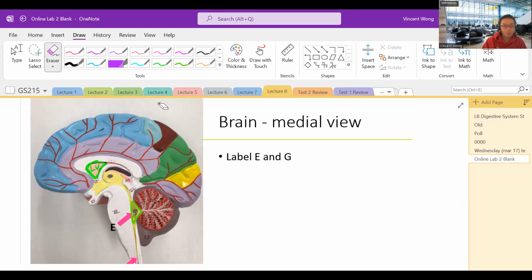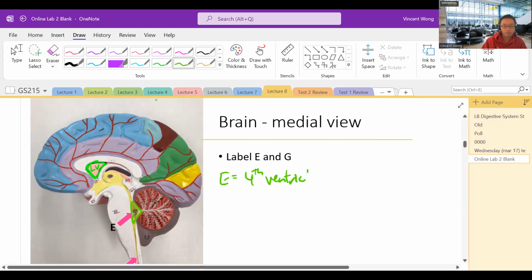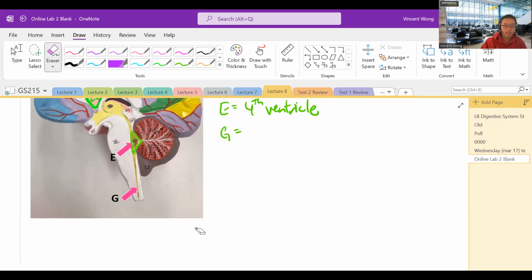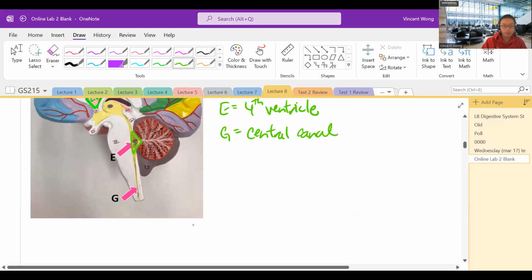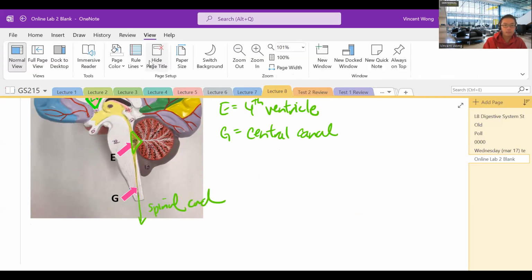So this chamber between the pons and the cerebellum, that is the fourth ventricle. Okay, that's the fourth ventricle. And the G here, that is basically the central canal. Right? And that goes all the way down your spinal cord, right? Okay.